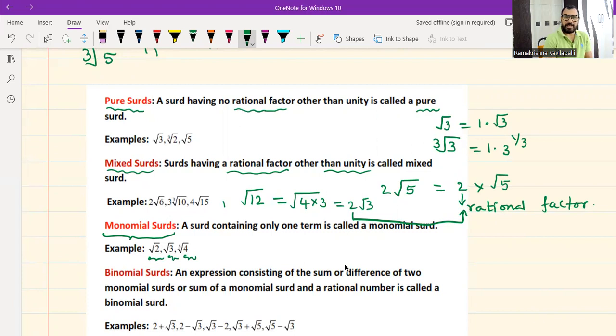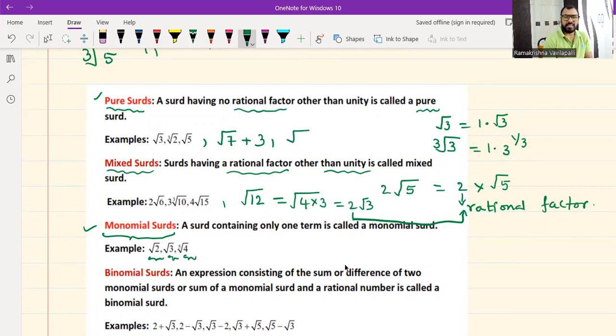Here I can write one example, because you must know the difference between pure surds and monomial surds. I can write root 7 plus 3. It has no rational factor other than 1.